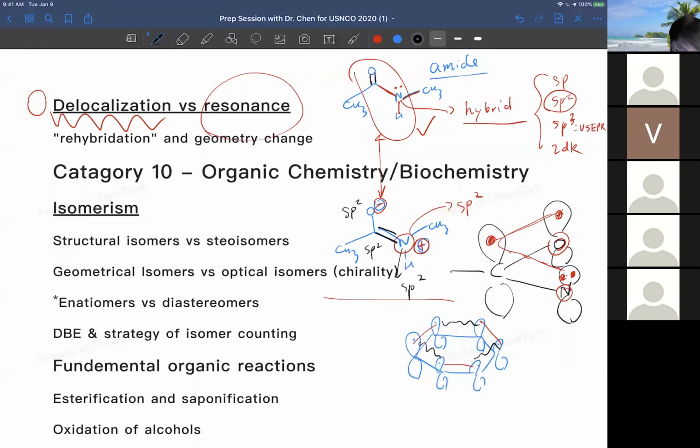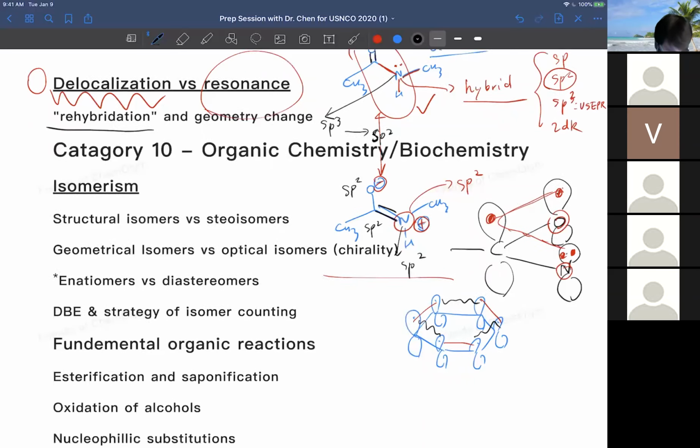Okay, so I call this rehybridization, because if you do not consider the delocalization, your analysis of the hybridization might be different. So in this example, based on VSEPR, it should be sp3, but actually it is sp2, right? So you can say this is a rehybridization process.